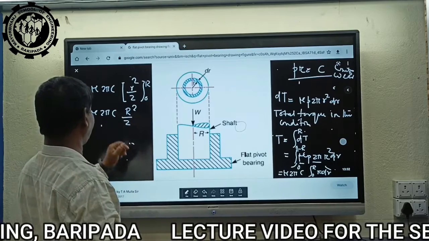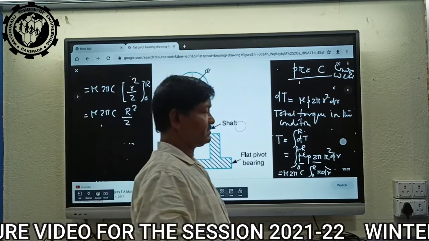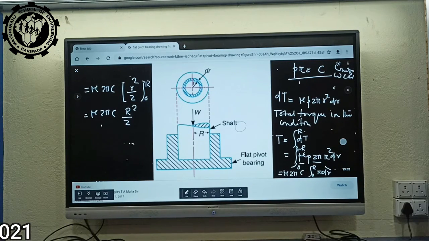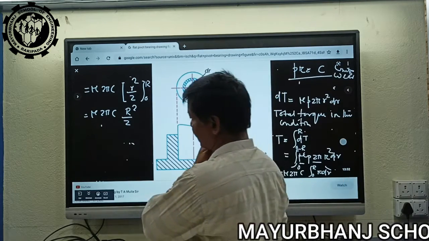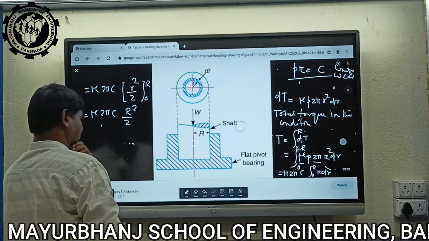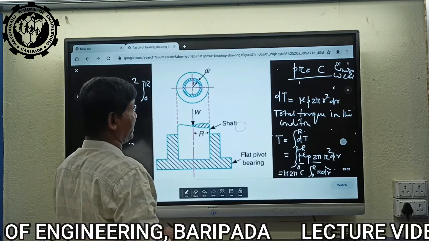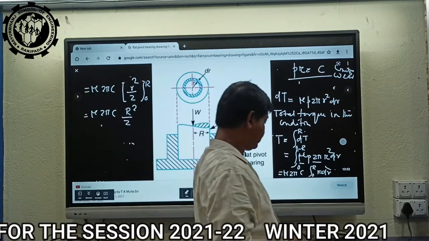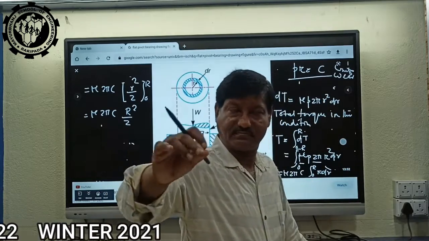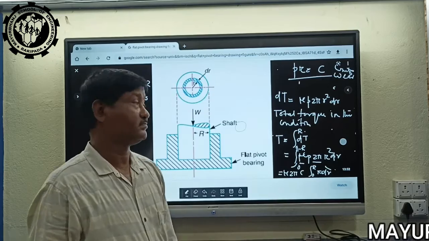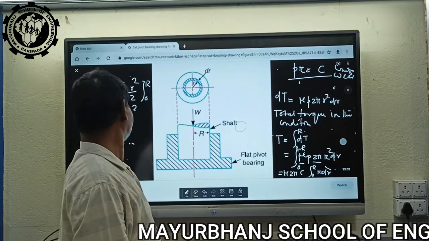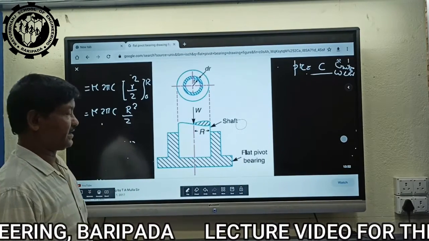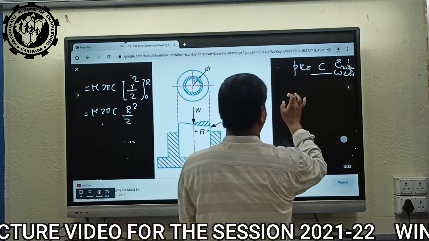Here the value of C, again we calculate dW, then integration of W. Here W is not given because of the uniform wear condition, so we need a second integration for W. Then we calculate the value of C from the second integration of dW.